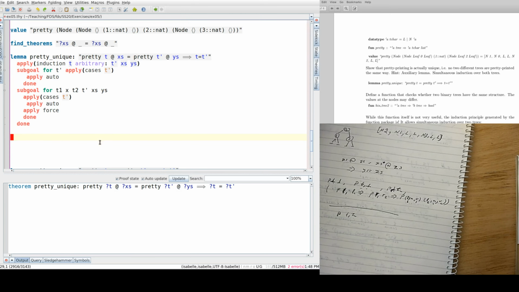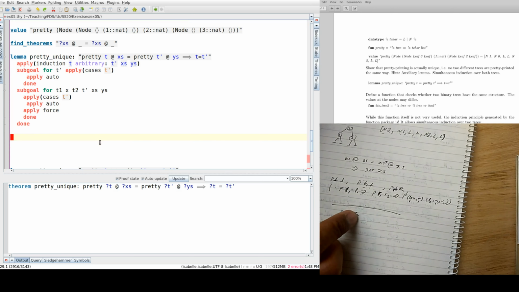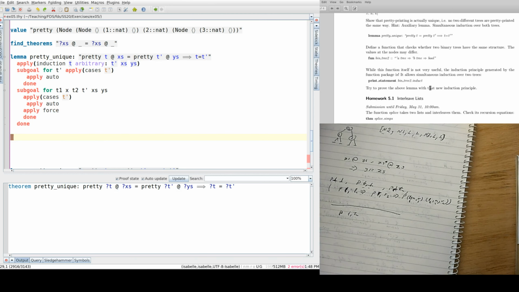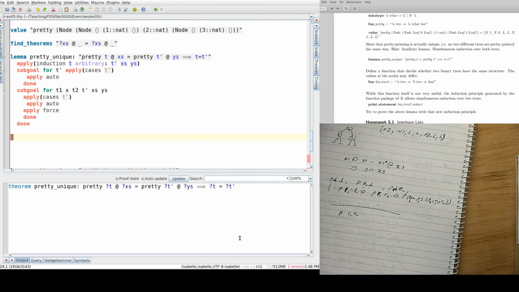So we can either directly prove that induction principle as a theorem, or we can just define a function that takes two trees and does recursion on both of them simultaneously. Any function.